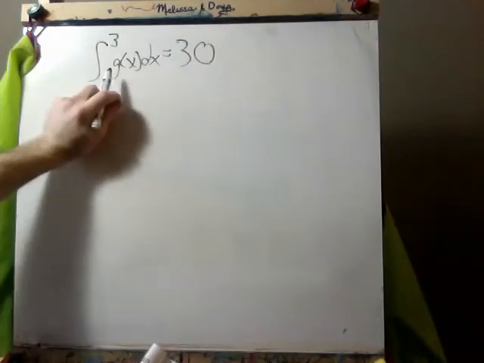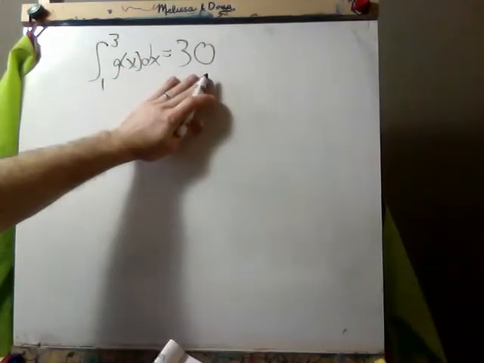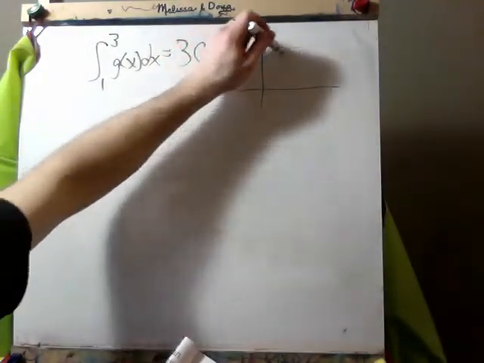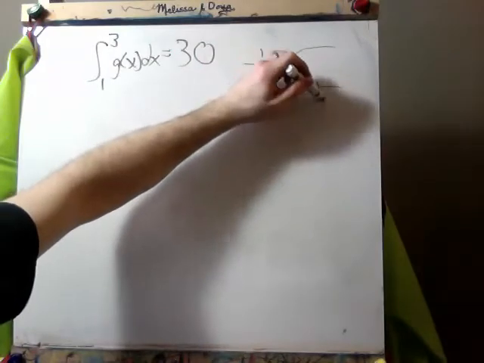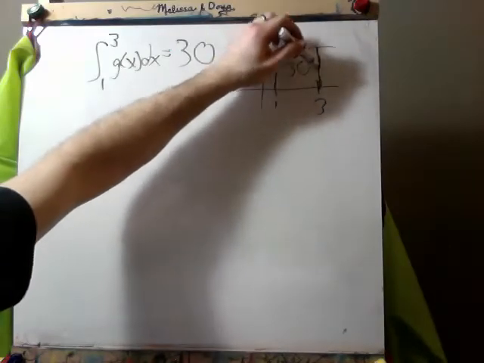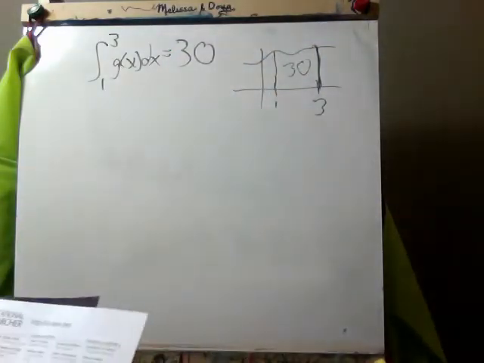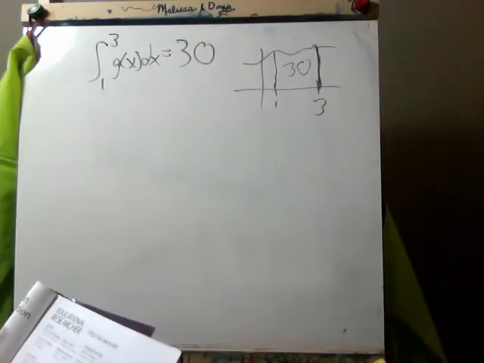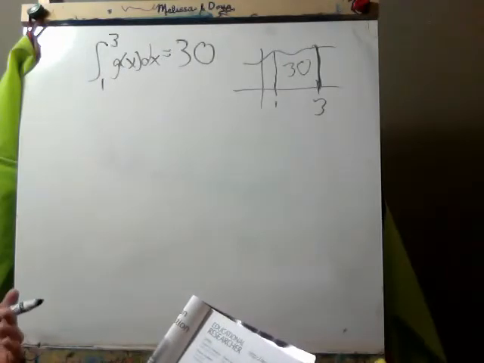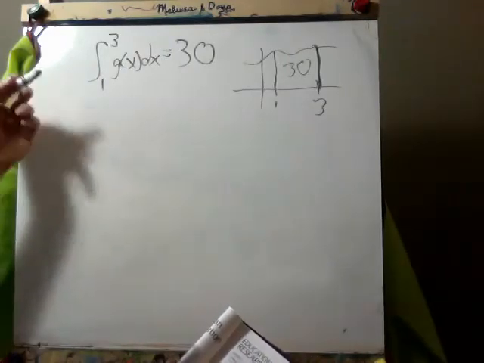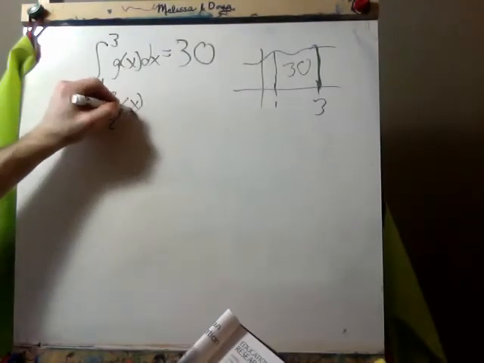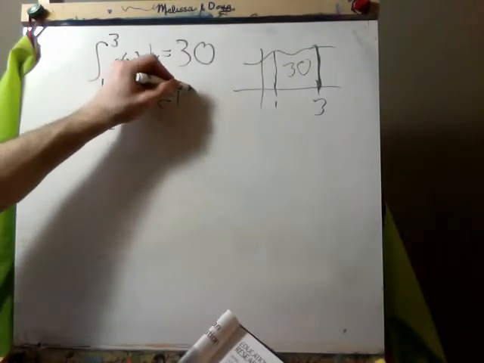What we're saying is the area under this function from 1 to 3 is equal to 30, right? So we've got some function, and then from 1 to 3, we take the area under here, and we get 30. Okay. So now if I know another bit of it, say I know from 2 to 3 of this function is 12.